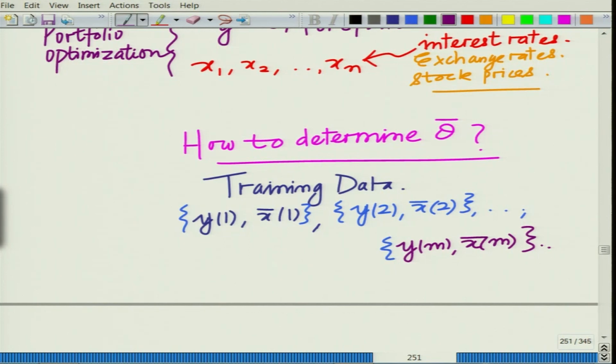So, this is your set of m training data samples.